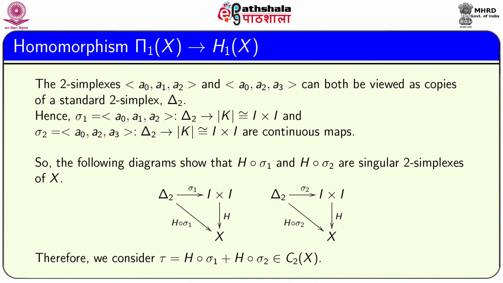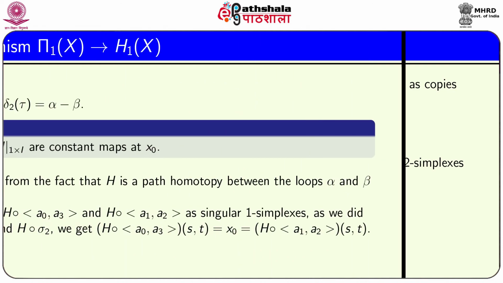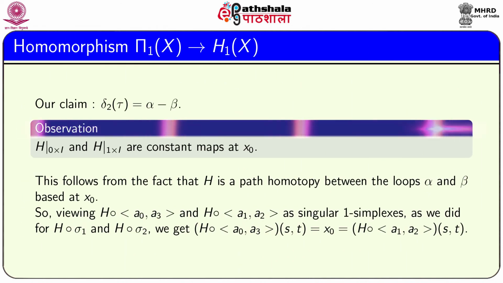So, we consider tau as the sum H compose sigma 1 plus H compose sigma 2, and we know that it will be a member of C2X. We claim that delta 2 of tau should be equal to alpha minus beta.